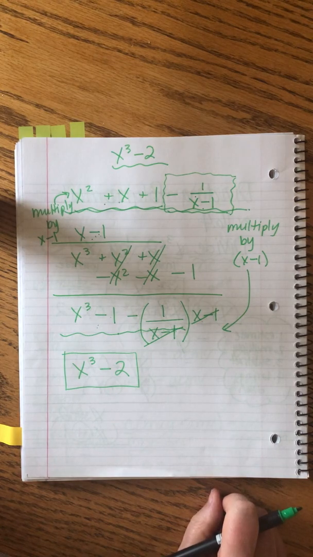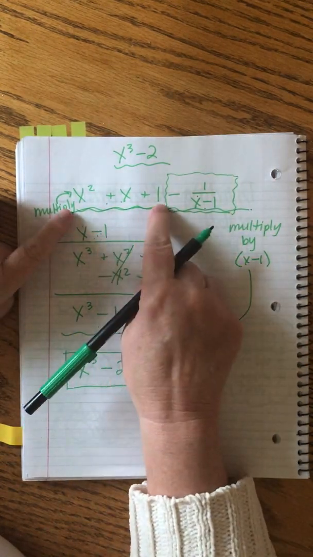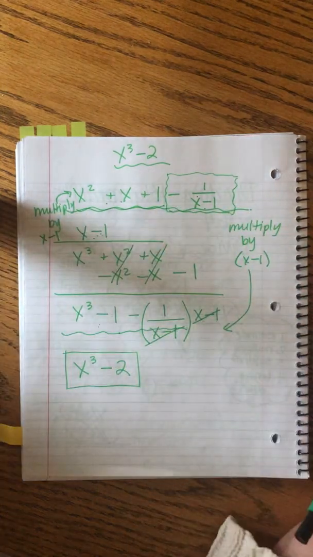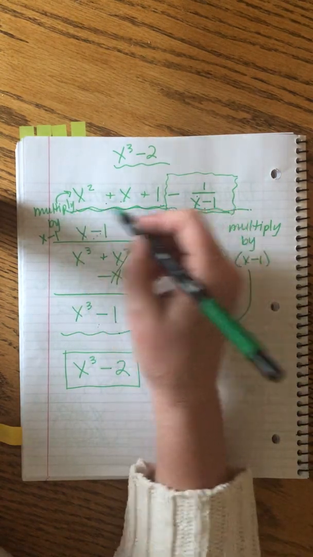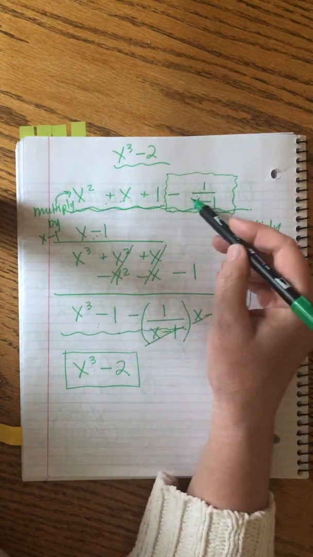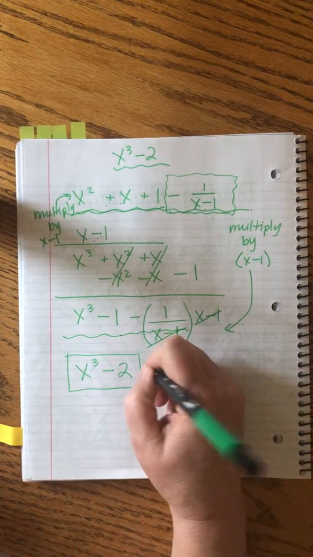So we can check our answers in these. We take our long answer and we multiply it out. And I did it separately because that helps me keep it straight. But we multiplied the first part by x minus 1 here, and then we multiplied the second part by x minus 1 down here. And we got our answer. Yay!